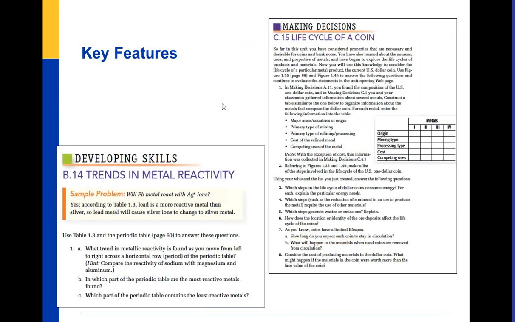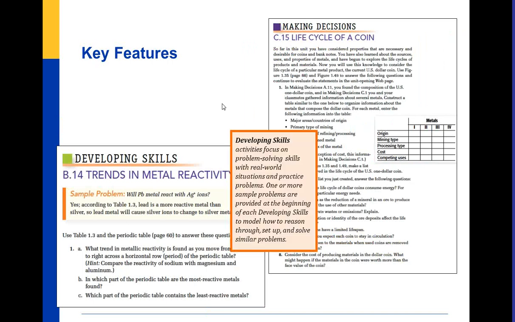And then we also have developing skills and making decisions. Steve also mentioned these. So developing skills are typical homework type problems of practicing, like balancing or calculating the number of moles, or activities such as that.